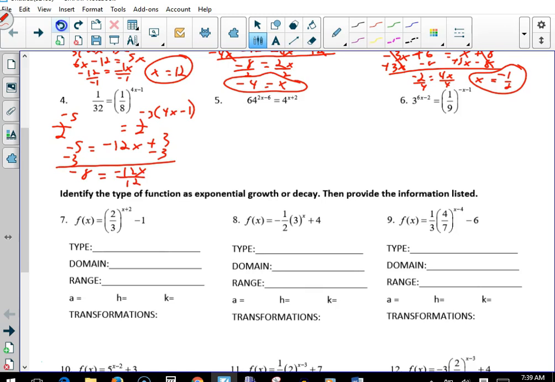I divide by negative 12, and I get x equals to be positive 8/12, which reduces. What goes into 8 and 12 to, but bigger than that, GCF, greatest common factor, would be 4. 4 goes into 8 twice, and into 12 3 times.